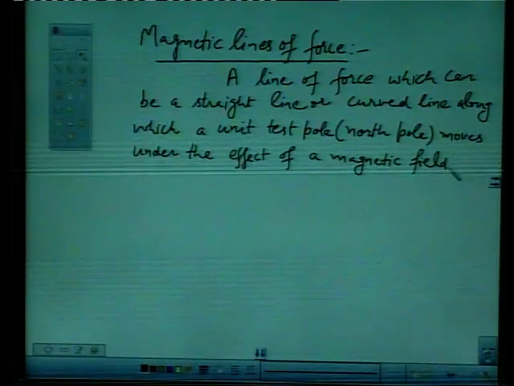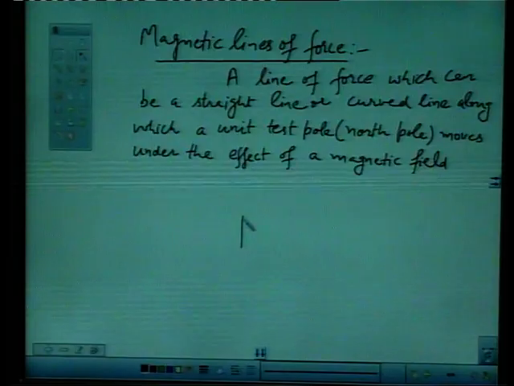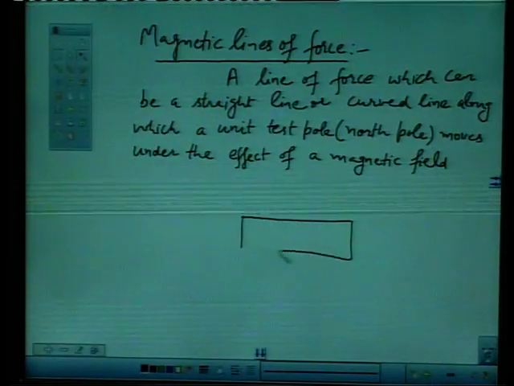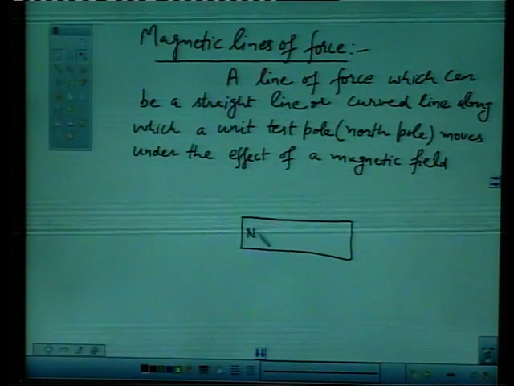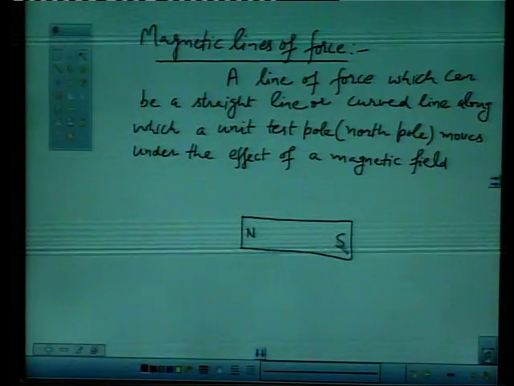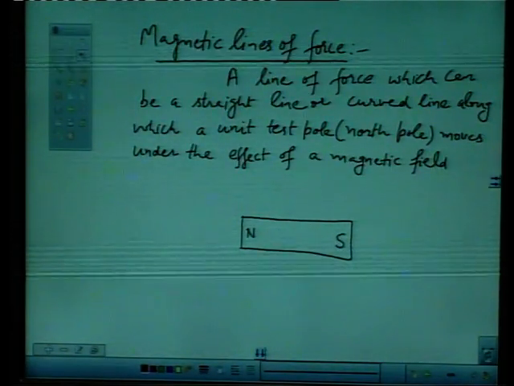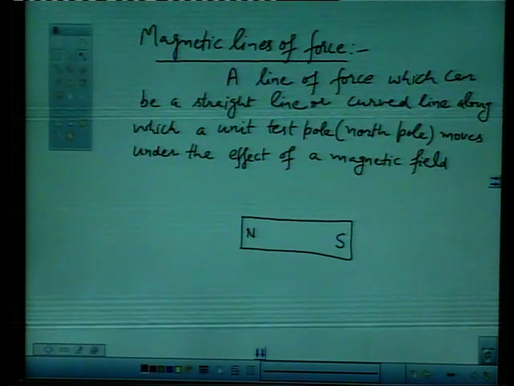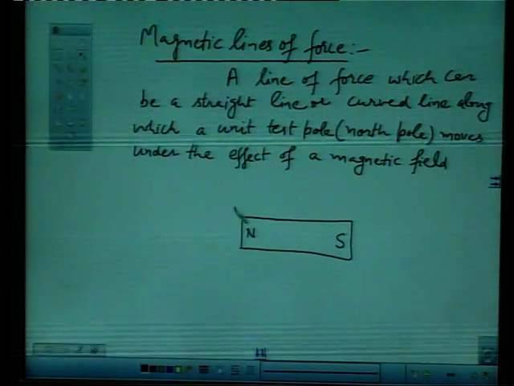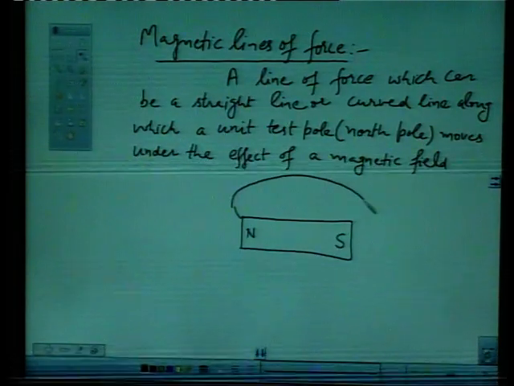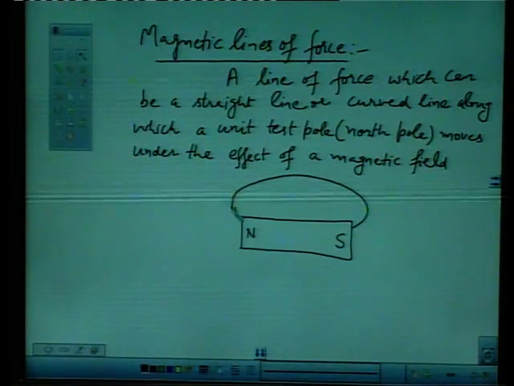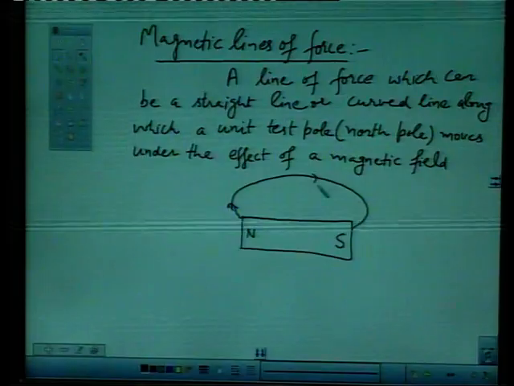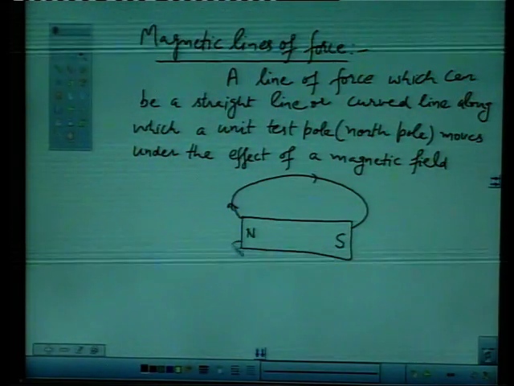So, let us draw a diagram. Suppose we are having a magnet which is having two poles, north and south pole. So, if a north pole is kept near to the north pole, it will be repelled and a line will be drawn which will move from north to south pole outside the magnet.